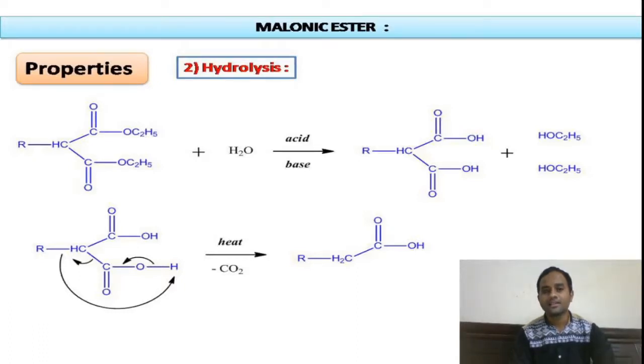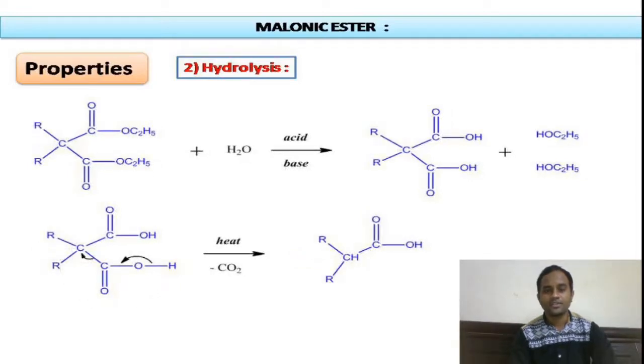This alkyl substituted dicarboxylic acid will further undergo decarboxylation upon heating to give this long chain fatty acid, that is a monocarboxylic acid. Of course, dialkyl malonic esters will also undergo hydrolysis in a similar way to give a dialkyl substituted monocarboxylic acid as the product.